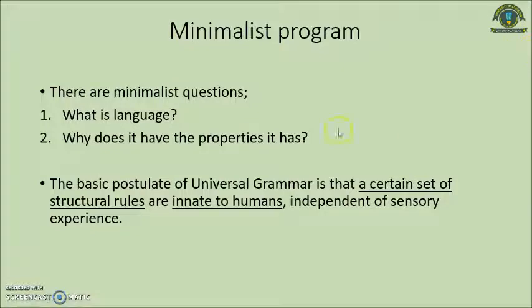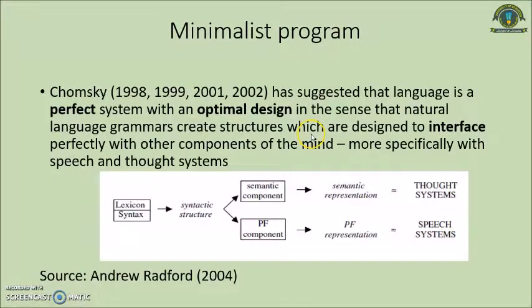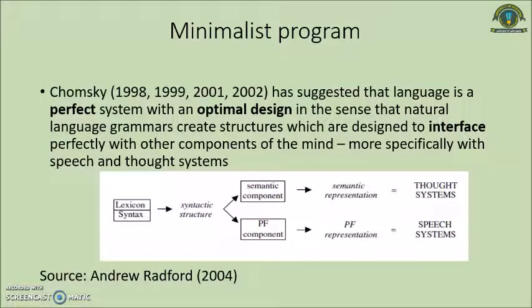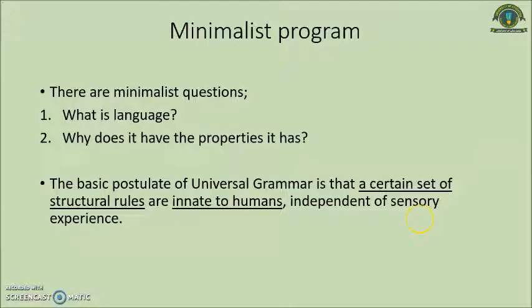So, for instance, while we were discussing Chomsky's quotation, he is in fact trying to raise these two questions: if we have a view of language, a philosophy of language, and a philosophy of its properties, that is not sufficient. Maybe something is lacking because the field is changing rapidly, and previous concepts and principles can be challenged. So there is a need to address these questions again and in a different way.